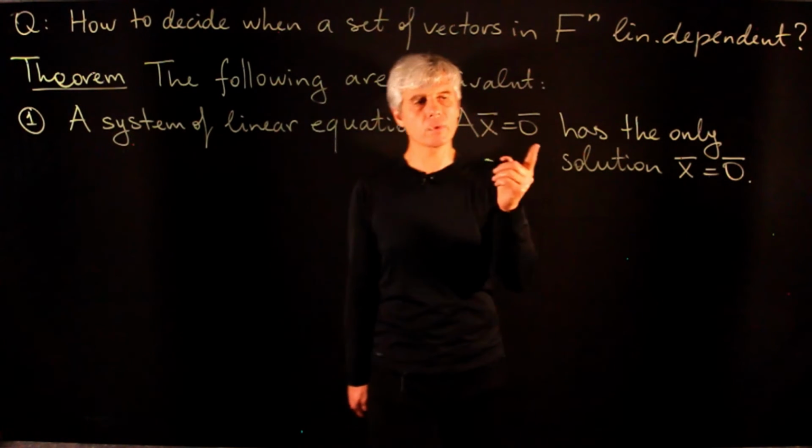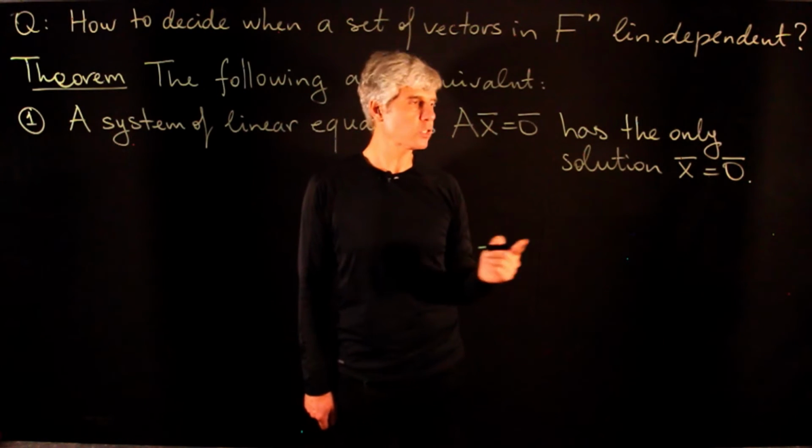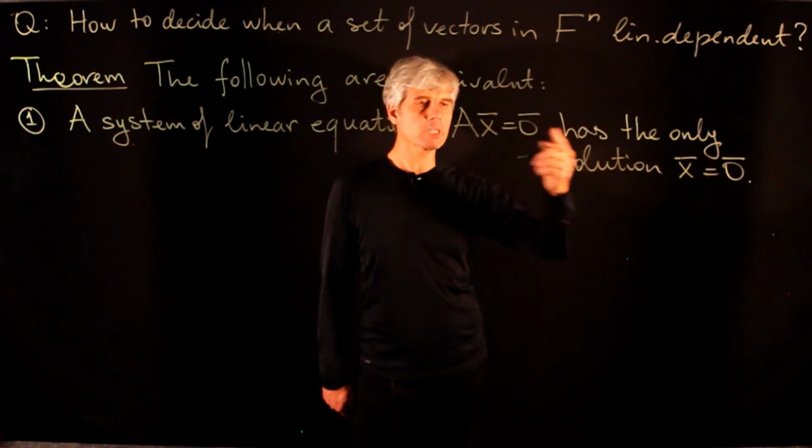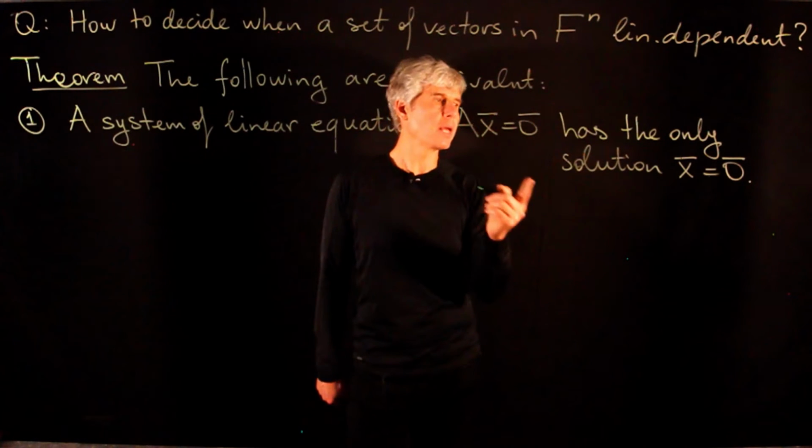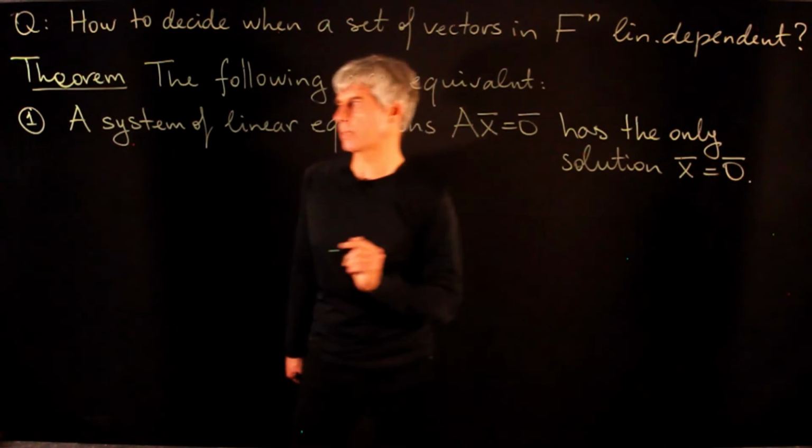So here we have a homogeneous system of linear equations. So clearly x equals 0 is a solution. And here we are saying that this system must have only this solution.